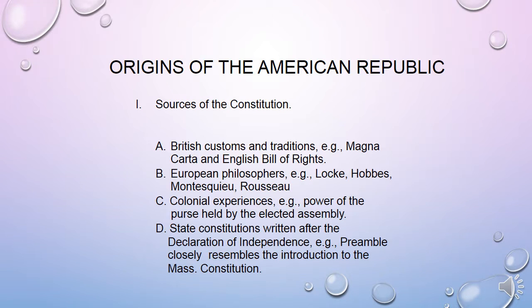The philosophers at the time, this was a time of Enlightenment in Europe for a couple centuries, and there was a whole host of philosophers and political thinkers of the time, among them John Locke, Hobbes, Montesquieu, and Rousseau.